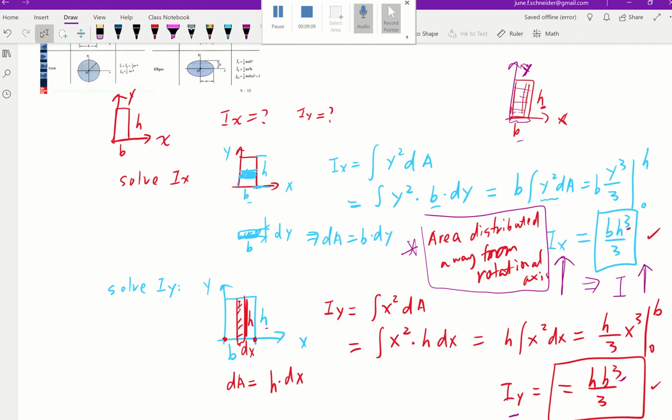One more thing I want to talk about for this shape: obviously my height is greater than b the way I'm drawing it. So if it's rotating about x, Ix is going to be greater than Iy, because Ix is h cubed. H is greater than b, and my Iy here is going to be b cubed.